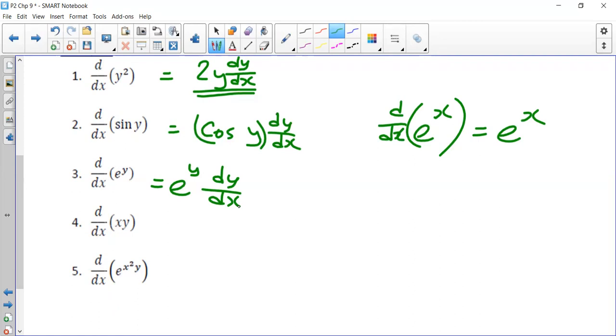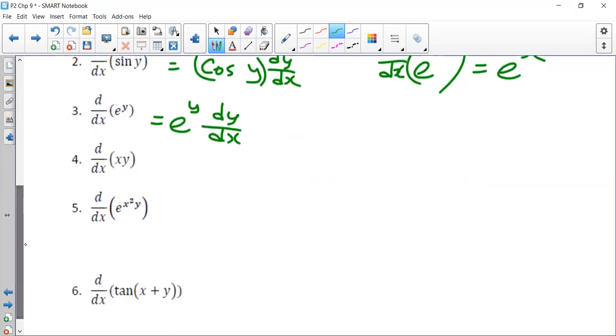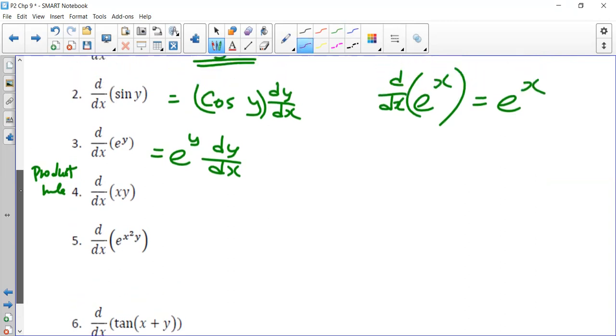Now, the next one is slightly tricky. xy. This one, we need what we call the product rule. So I'm going to use a different color just to show you how to work it out. So xy is like uv. Do you remember how to work out the product rule? v du plus u dv.